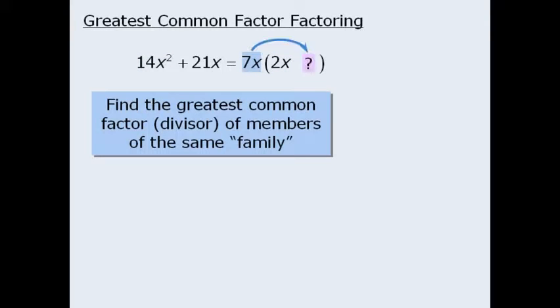Next, we need to determine what to multiply 7x by to get a product of positive 21x. Well, 7x times positive 3 equals 21x, so we can add that here. We have now factored 14x squared plus 21x. It is equal to 7x times (2x plus 3).